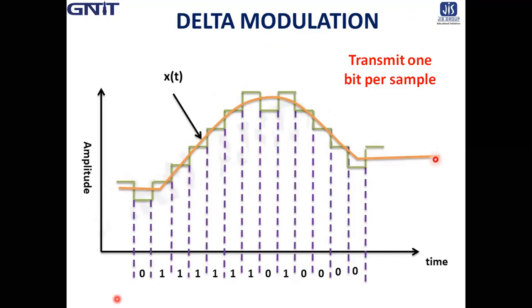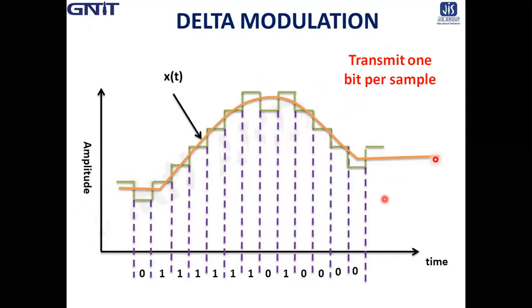Delta modulation transmits 1 bit per sample. It doesn't depend on V. It only transmits 1 bit per sample, no matter how many quantization levels are present. So its bandwidth is only Fm, not V. It doesn't depend on V.